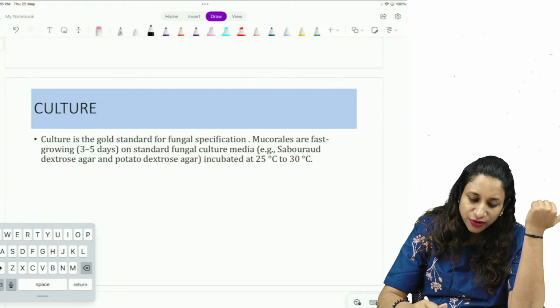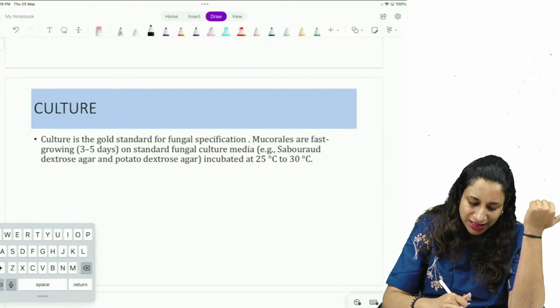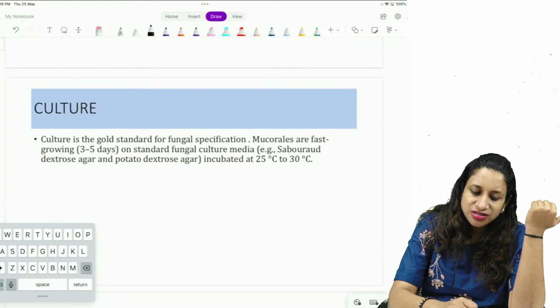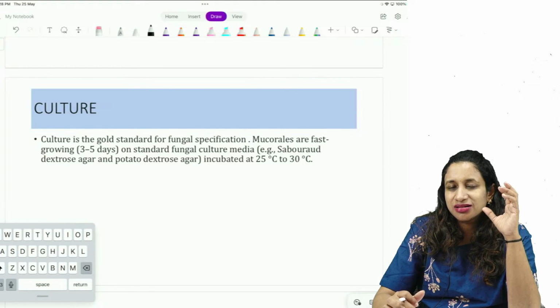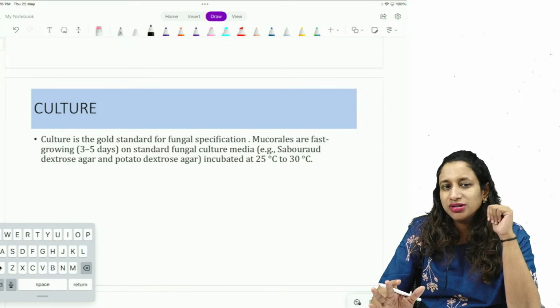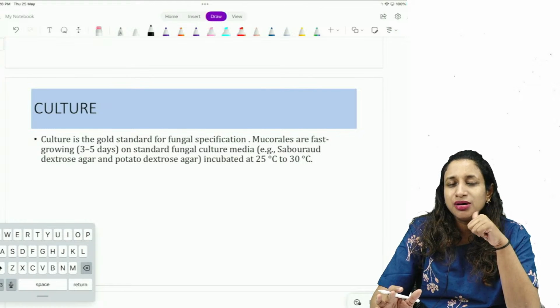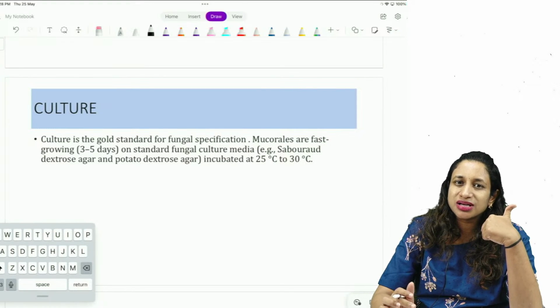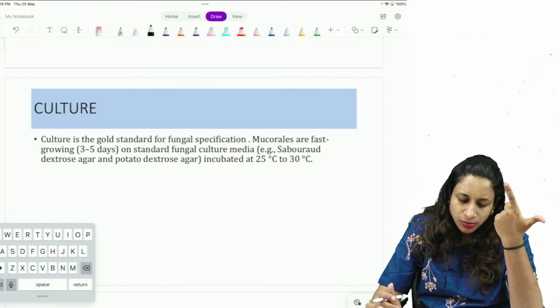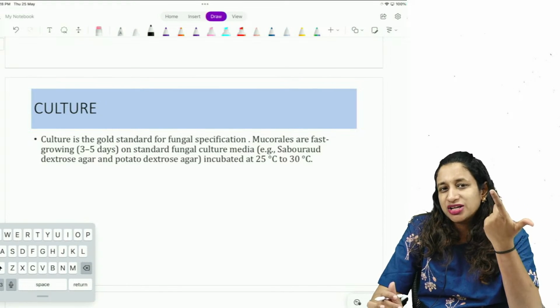And the appearance for Rhizopus that you have to remember, that again is very important to know. Rhizopus per se shows what is considered a salt and pepper appearance. So two important things in culture that you have to remember: you use your Sabouraud's dextrose agar, you also use what is considered your gold standard, potato dextrose agar.